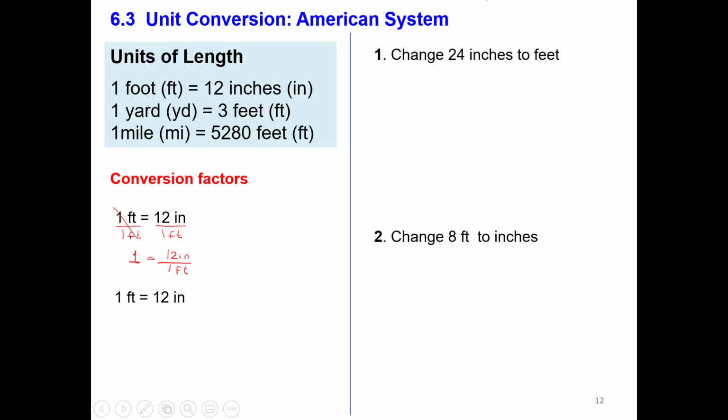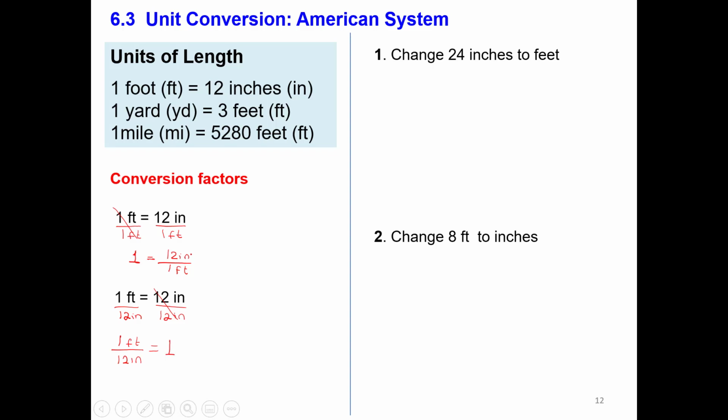We can also, instead of dividing by 1 foot, divide by 12 inches, and in this case it will also equal 1, since 1 foot equals 12 inches. Then we can write the conversion factor in the way we need.